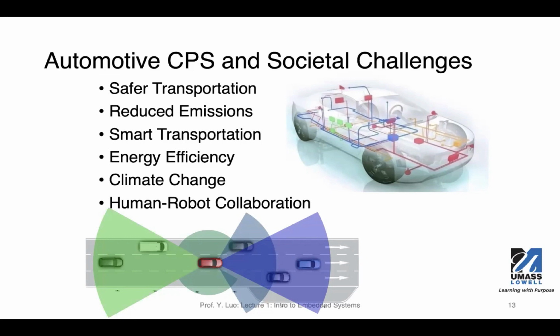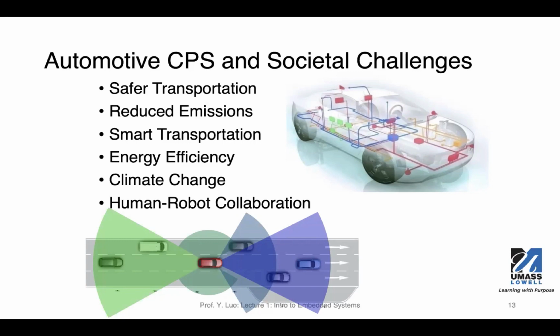Also, for smart transportation, we would like to have cars to be able to interact with each other, and also we would like to have cars to interact with the roads. So in a smart transportation system, we will have to think about how we can sense the environment, not only the car itself, but also the surrounding environment and the other cars.